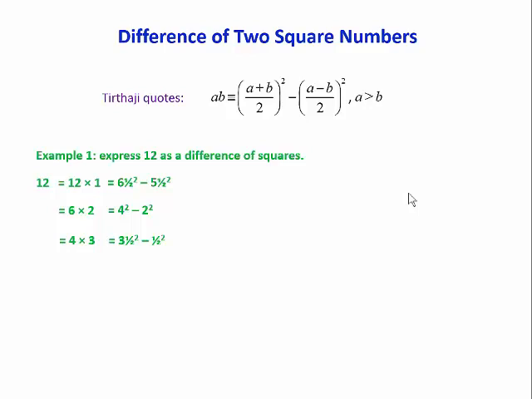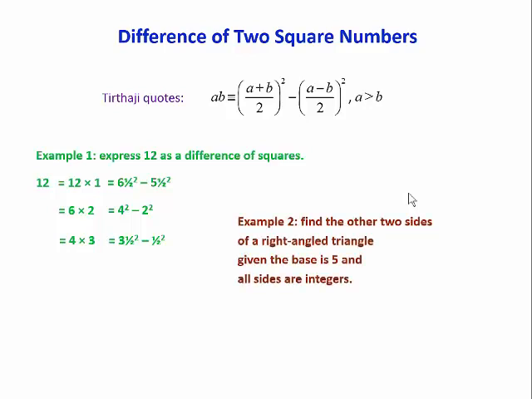One thing which we can do with this is to find two sides of a right-angled triangle when we're given one side only. For example, find the other two sides of a right-angled triangle given the base is 5 and all the sides are integers. You'll see, of course, that 5 squared is the difference of two squares.